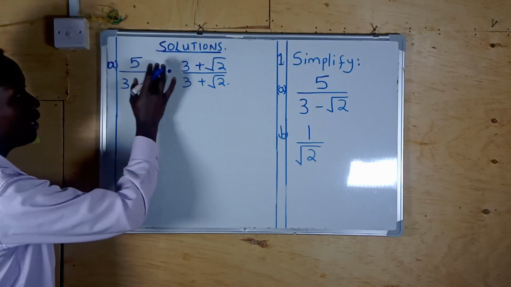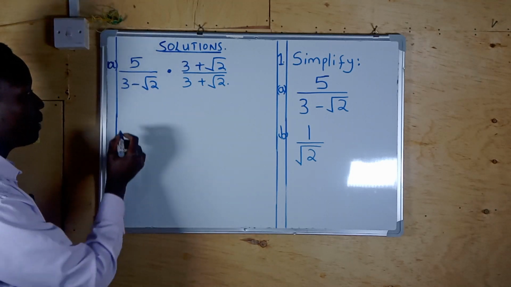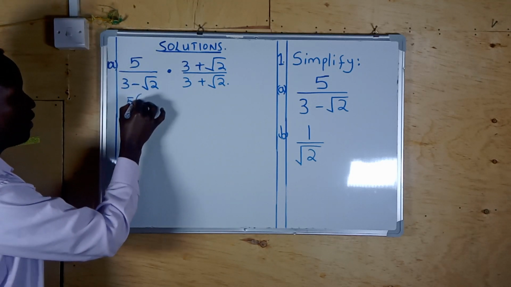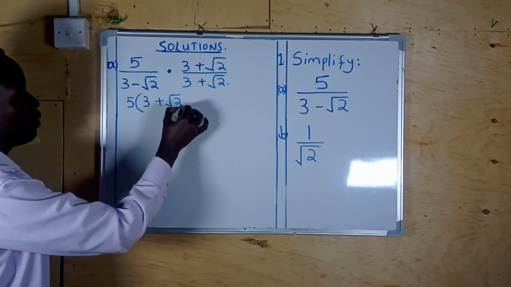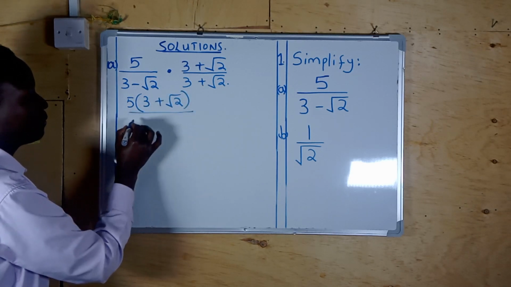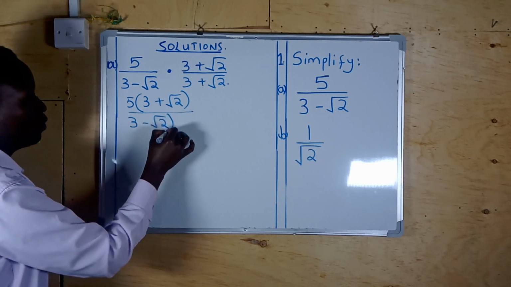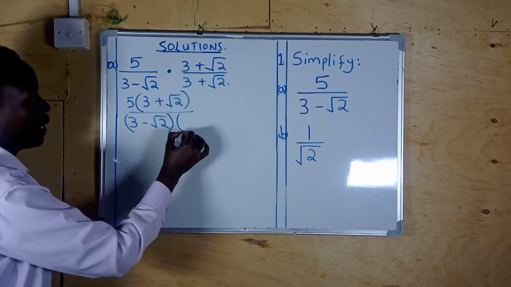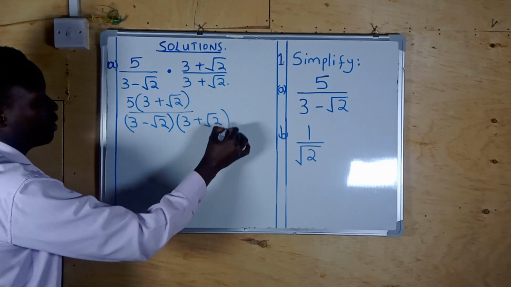So then we multiply the numerator and then we multiply the denominator. By multiplying the numerator, it is going to be 5 into brackets 3 plus square root of 2 over 3 minus the square root of 2, multiplied by 3 plus the square root of 2.